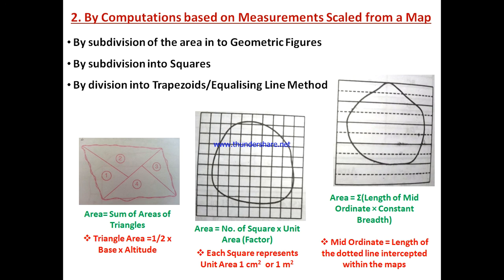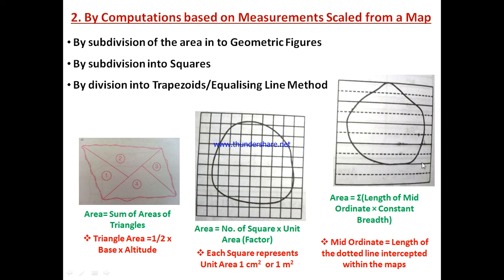After making those parallel lines, we also need to draw the midline of these parallel lines. You can see here in the tracing paper we have plotted the parallel lines with the same, constant breadth, and then we are dividing each rectangle again with a dotted line.